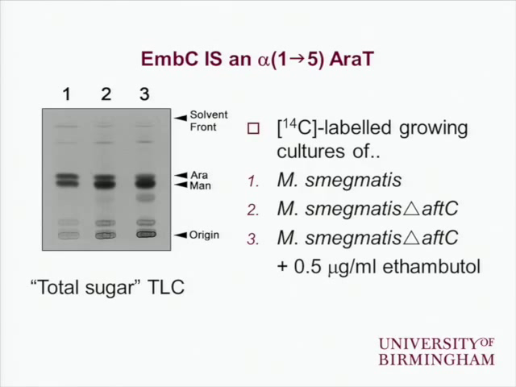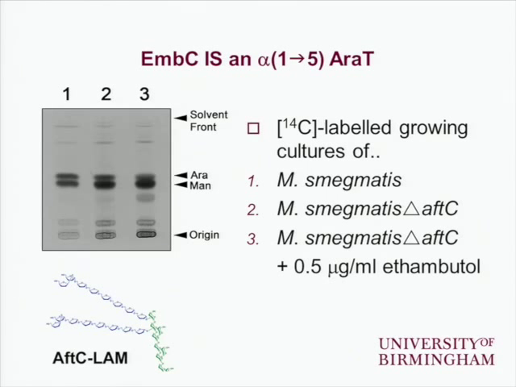But what's key is that there's still a small amount of arabinose present. So what this suggests to us is that we're going from this in our mutant to a single arabinose when we treat with ethambutol. Now, one of the key questions for us is whether these singular arabinose residues are also added by AftA, as we find in arabinogalactan synthesis, or whether there is a different enzyme involved, which we're currently studying.